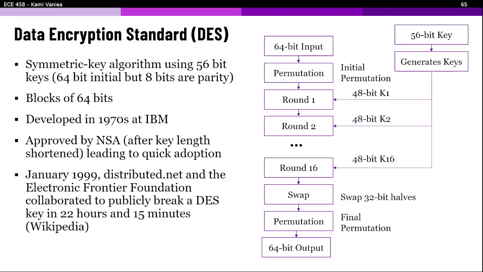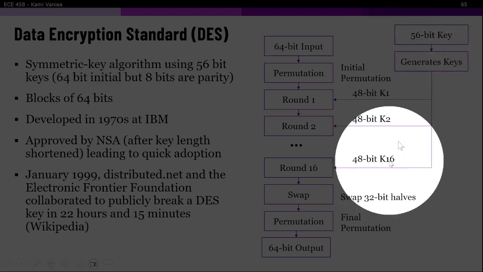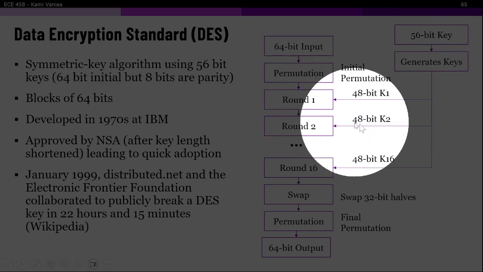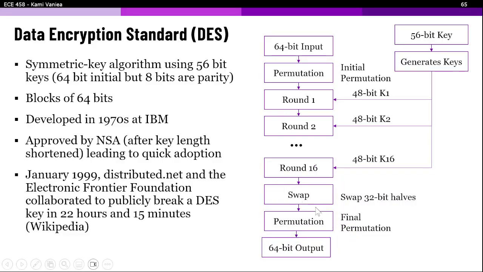If you read about this properly, you'll discover I don't actually mean that, but effectively it takes the key, breaks it up, and does a key expansion. It generates a set of keys, key one, key two, through key n. And then it sends each key to each round. And then it swaps, for some reason, the two sides, and does another permutation.